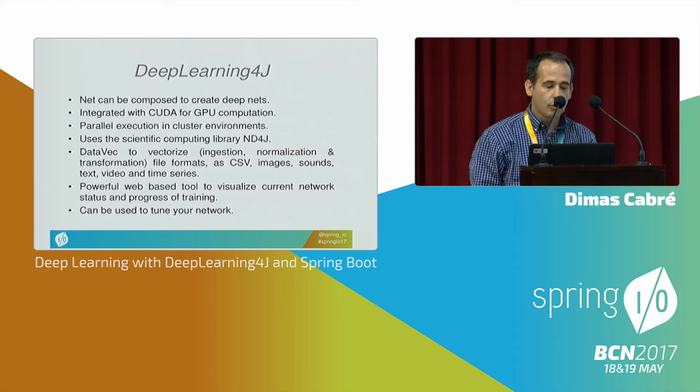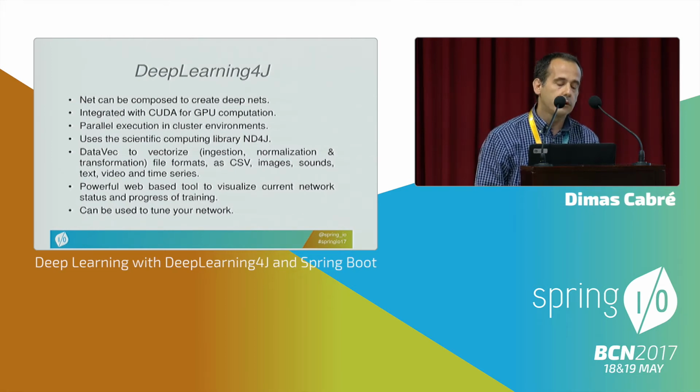This is called vectorizing the information, and you have a library called DataVec that lets you transform the information in a way that is nice for the neural network to ingest, okay? You can transform CSV, images, sound, text, video, time series, and lots of other formats.